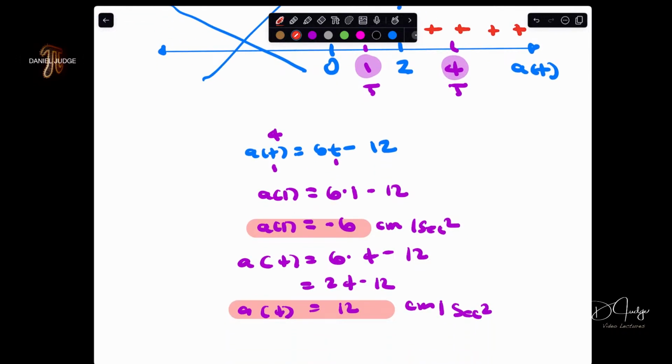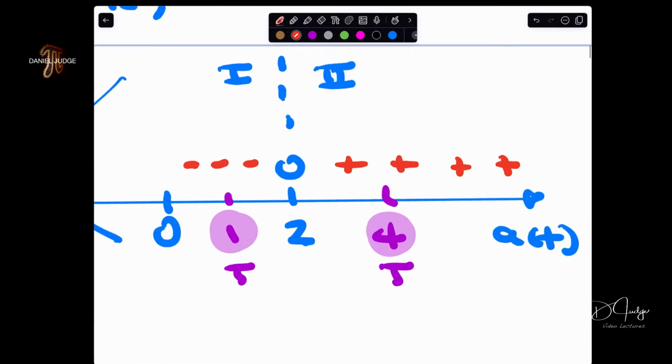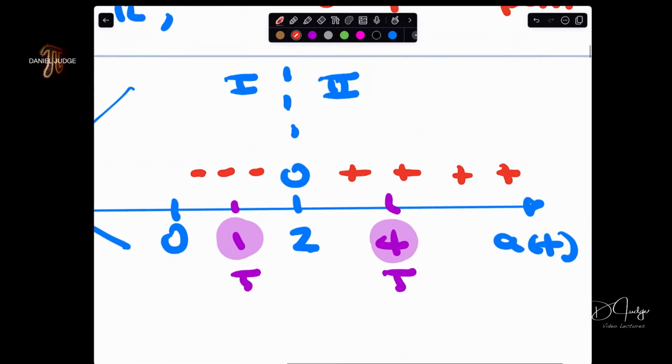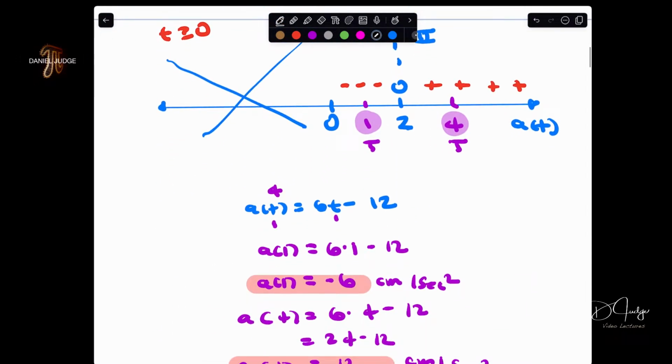So, ladies and gentlemen, that's a very big deal because now we have all the information we need to answer the question. So we're going to answer these questions here. We're going to identify, first of all, intervals, because most of our answers are going to be in the form of an interval.